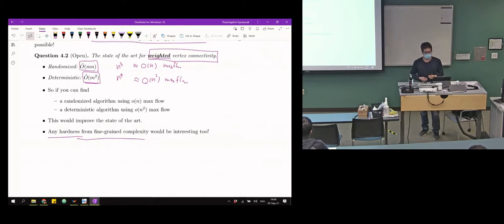So basically, if I need to describe the state of the art of graph algorithms right now, in undirected graphs it's quite easy. A lot of things have become nonlinear now. For directed graphs, a lot of things are still hard. And the thing that is easy in undirected graphs is edge cut.